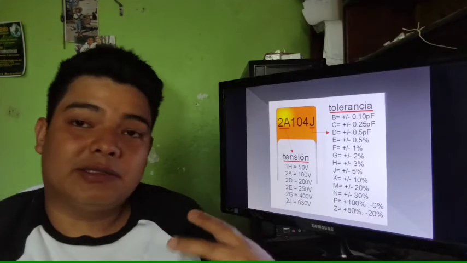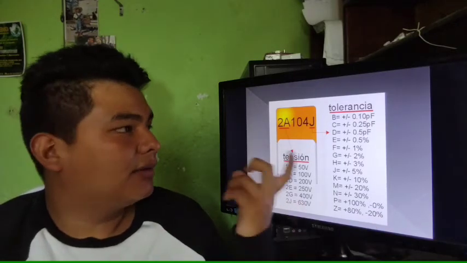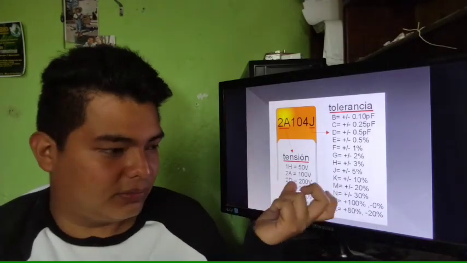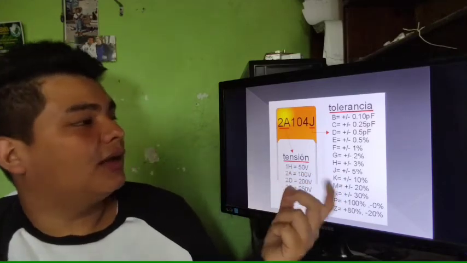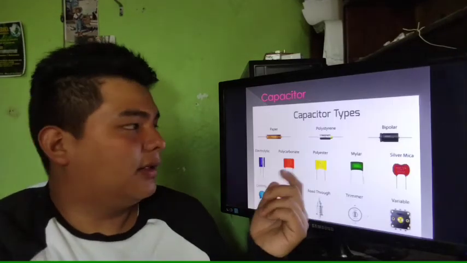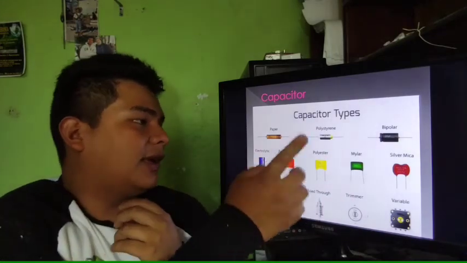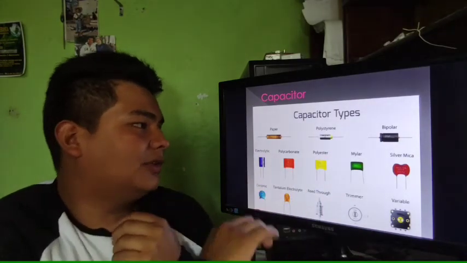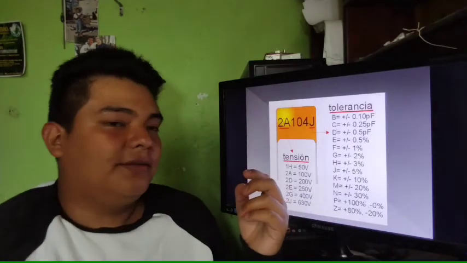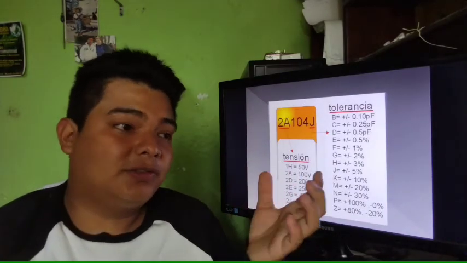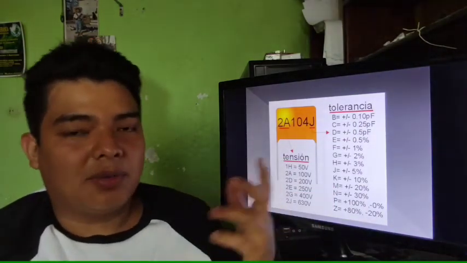The way to identify the value of the capacitor is this. In the case of the polyester and ceramic, because in the case of the electrolytic or bipolar, the value of the capacitor is printed on the component.